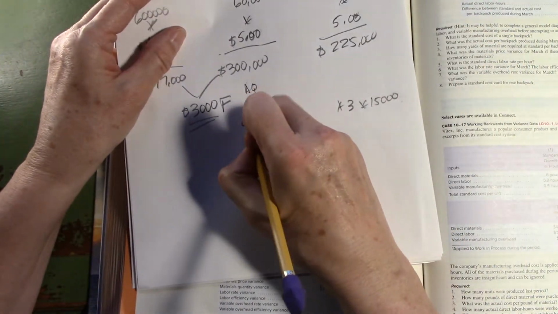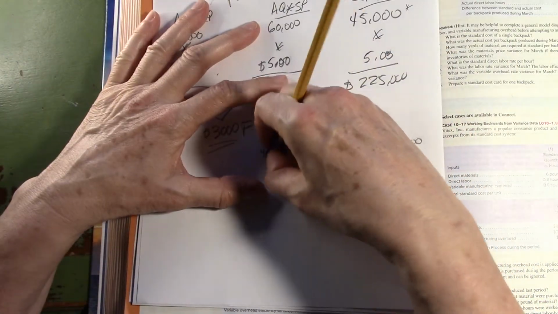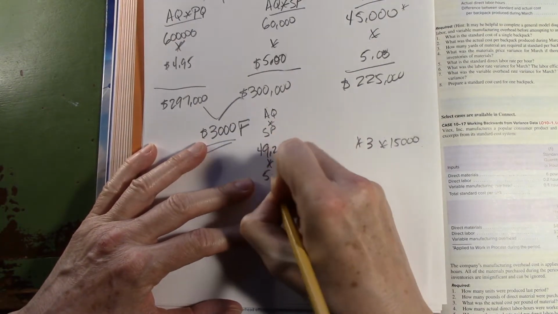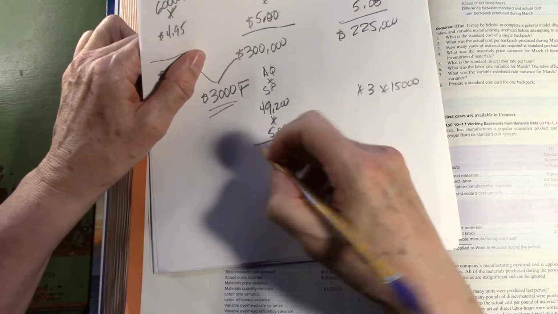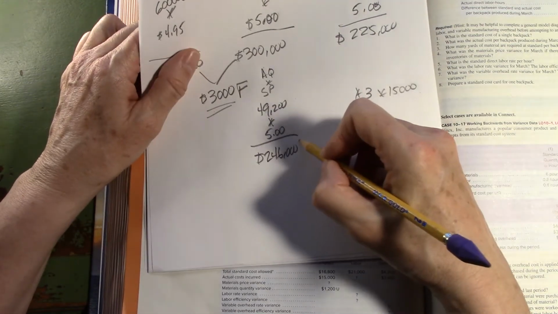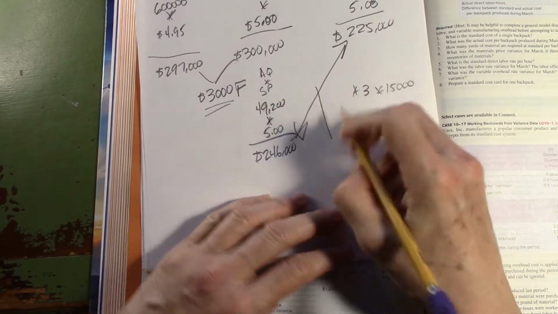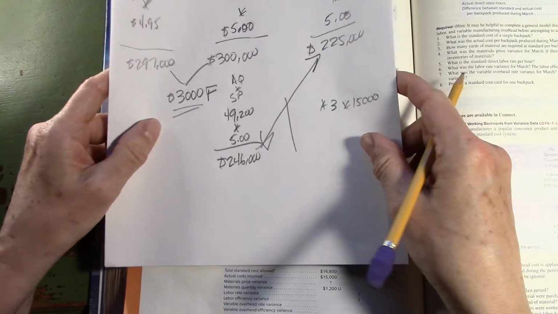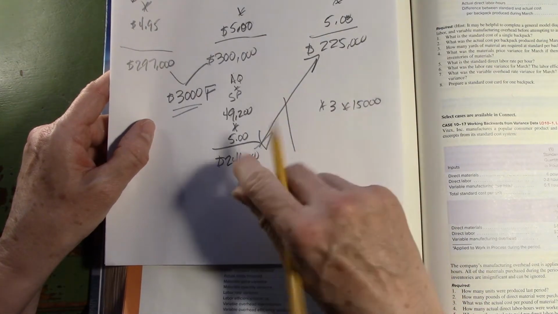So that's 49.2 times 5. 49.2 times 5 is 246, right? So comparing these two, my actual quantity variance, right, is equal to 240.